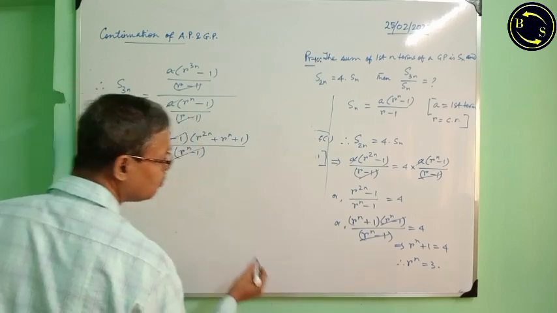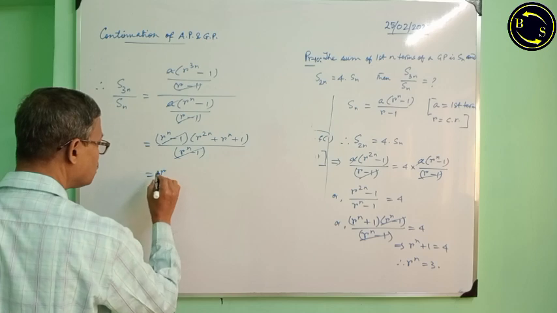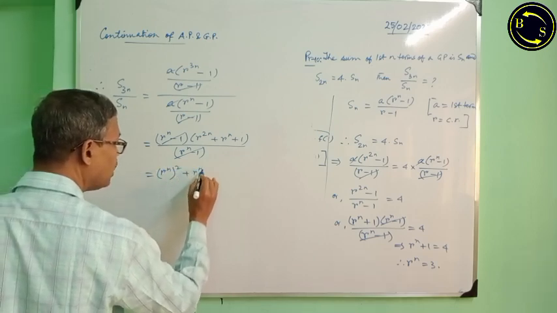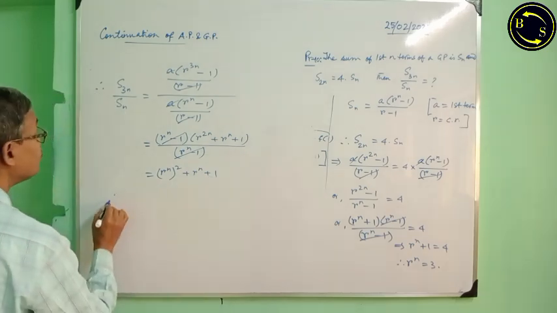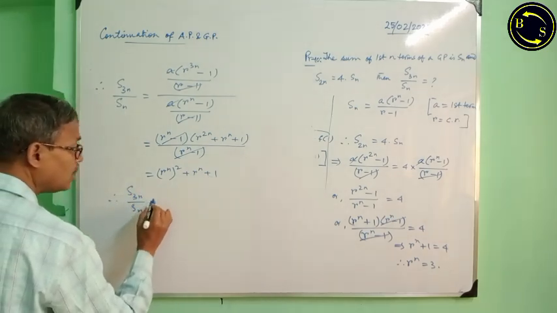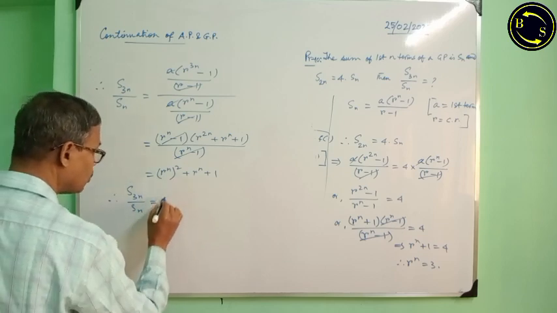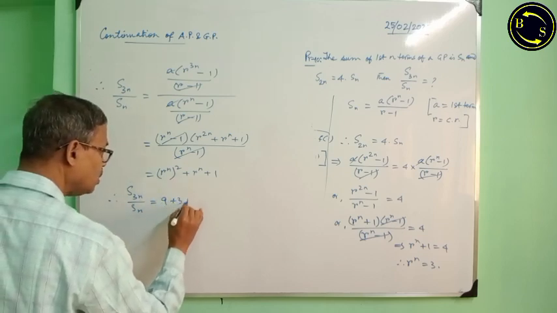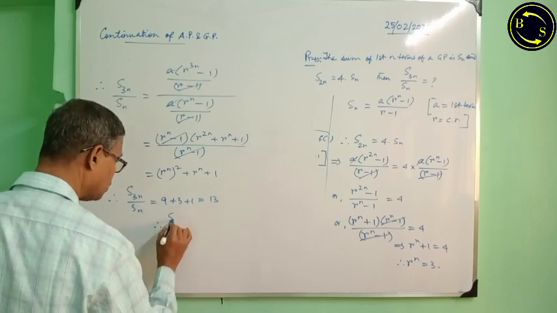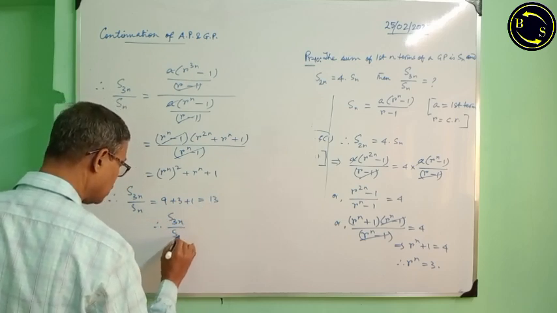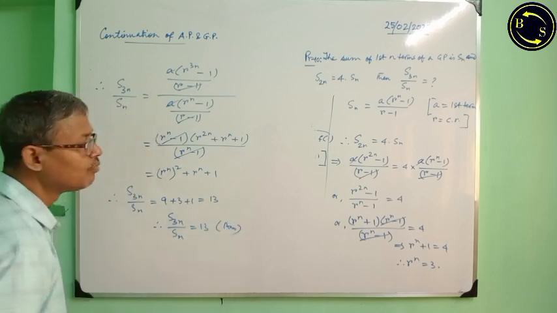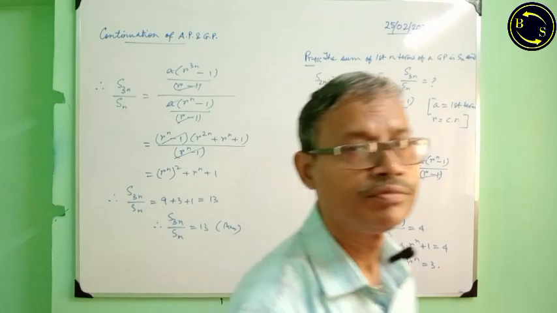Already we have got the value of r to the power n. This is (r to the power n) whole square plus r to the power n plus 1. Therefore, S3n by Sn equals 3 square, 9 plus 3 plus 1, that is equal to 13. Therefore, S3n by Sn equals 13. And the sum is solved.